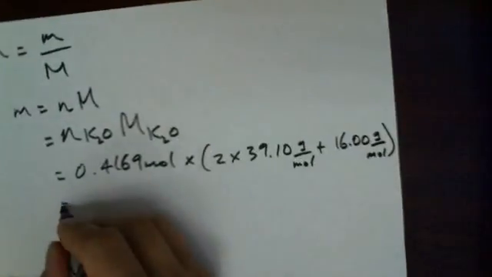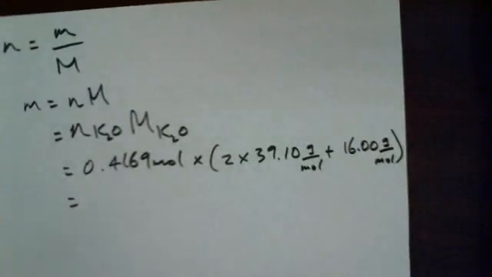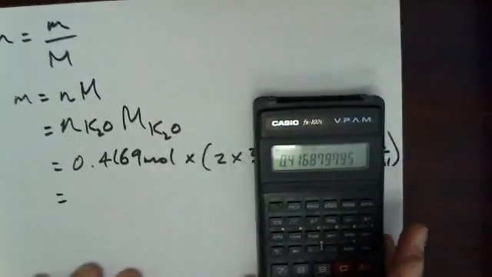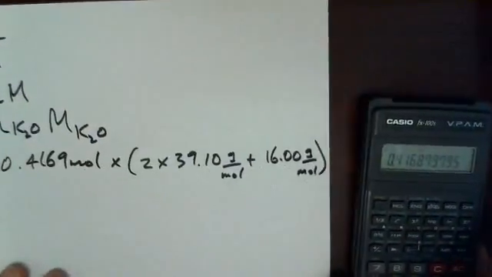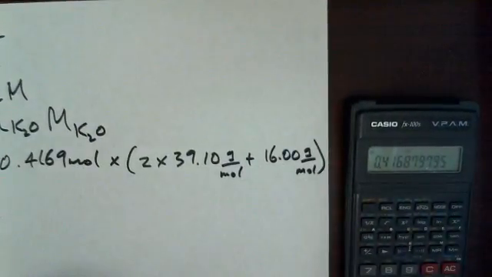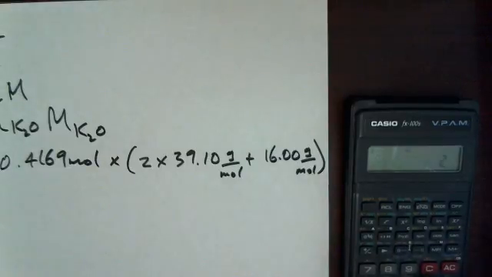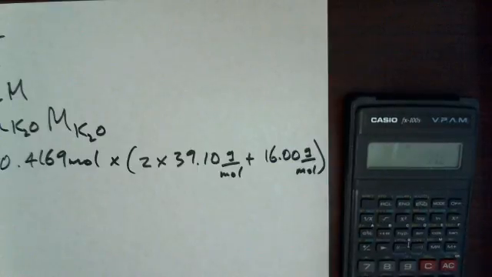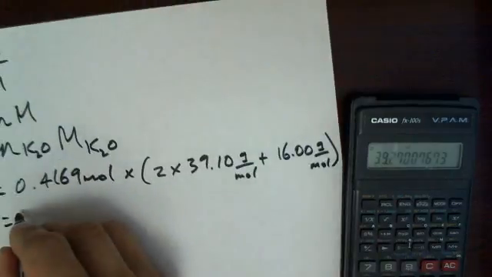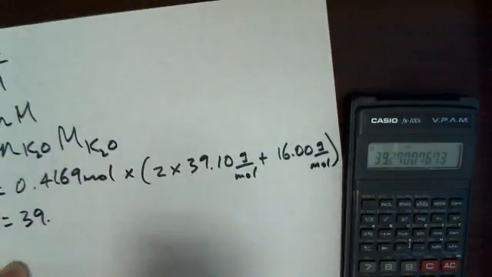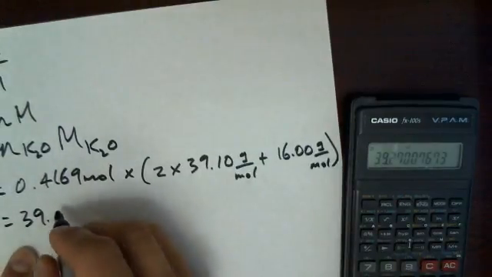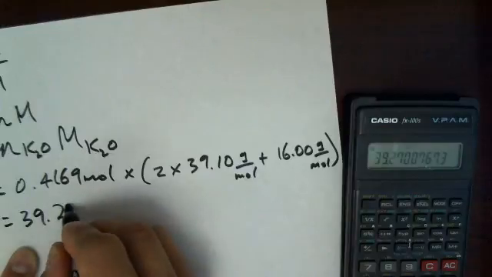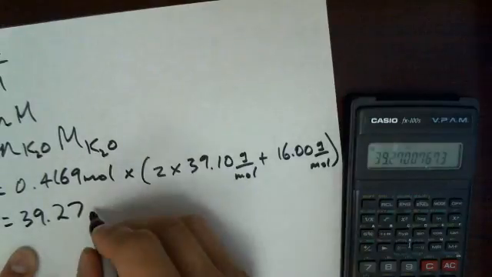Okay, and so when I multiply all that out, again I've maintained that value on the calculator, and so I just use that first value, multiply by parentheses 2 times 39.1 plus 16, close parentheses, and then my final answer is 39.27 grams.